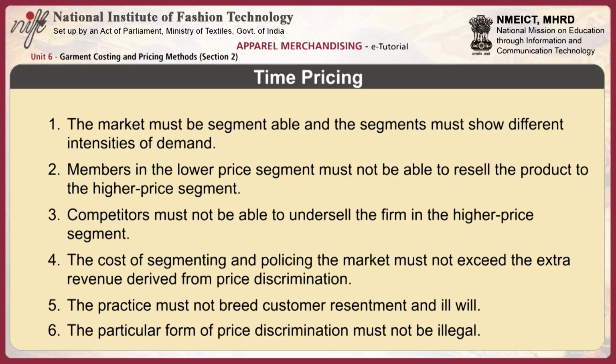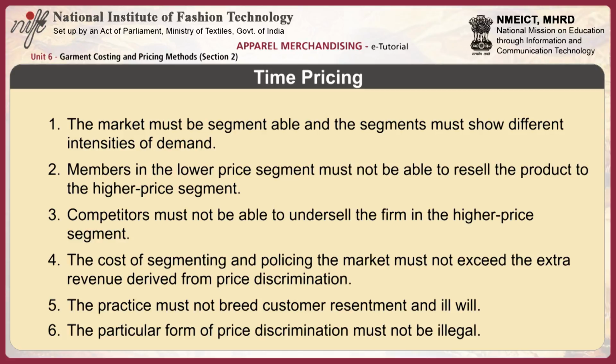That means whatever the market for a particular product or service, we should be able to segment it, and there should be different demand intensities in different segments. The second condition is that members in the lower price segment must not be able to resell the product to the higher price segment.